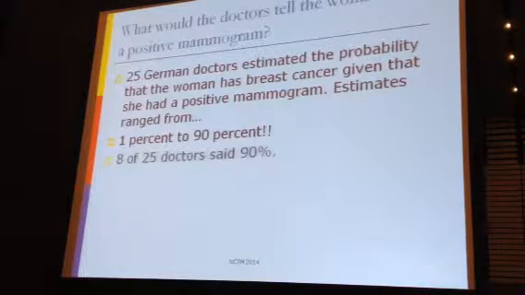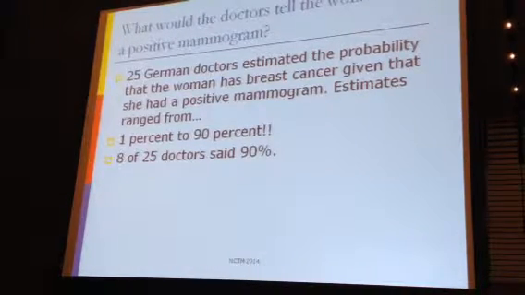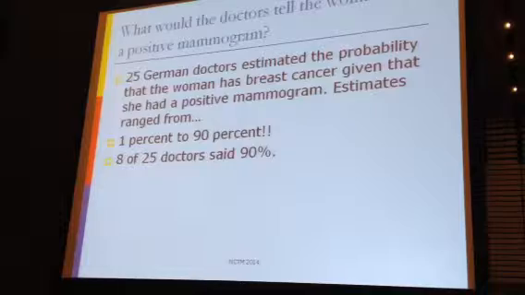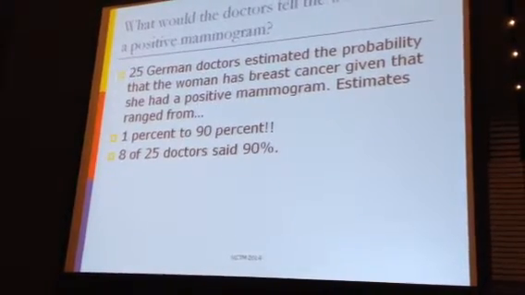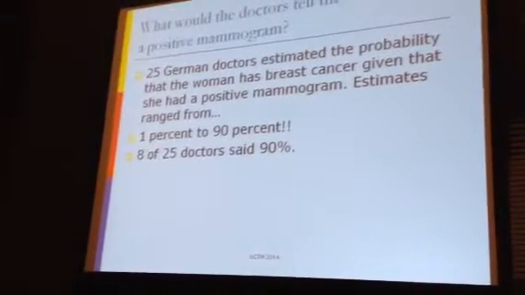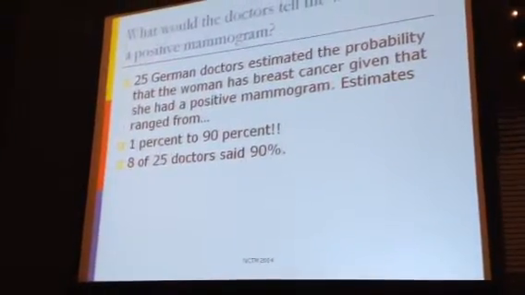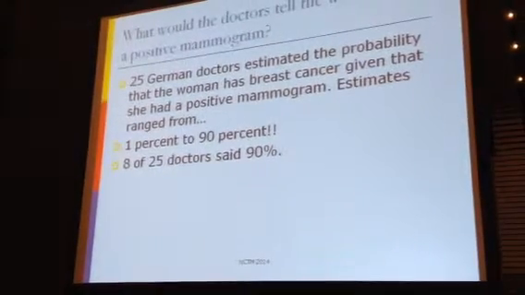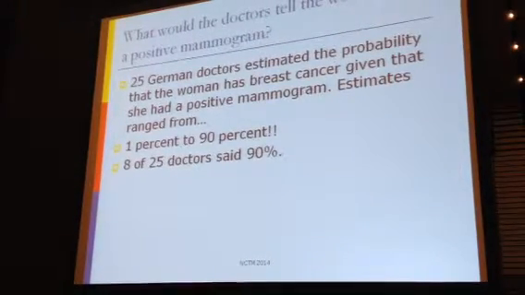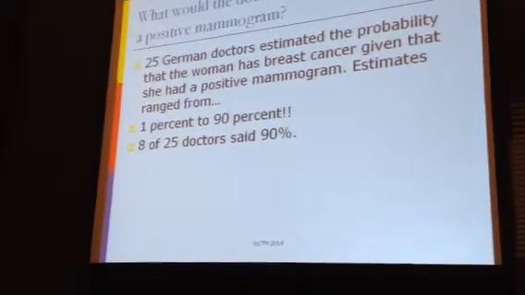So 8 of the 25 actually said 90%. This is the common problem of misinterpreting the probability of a positive result given breast cancer and the probability of breast cancer given a positive result, not seeing a difference between those two.